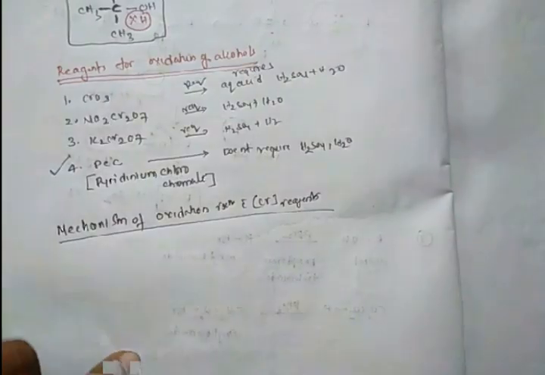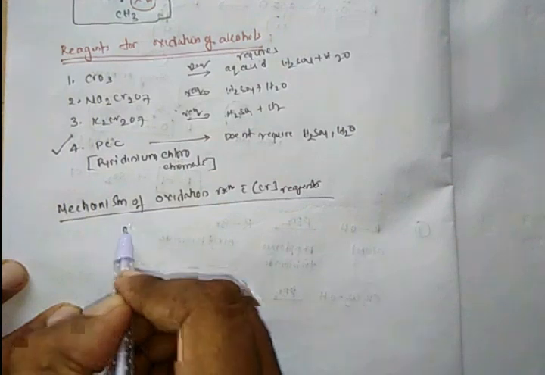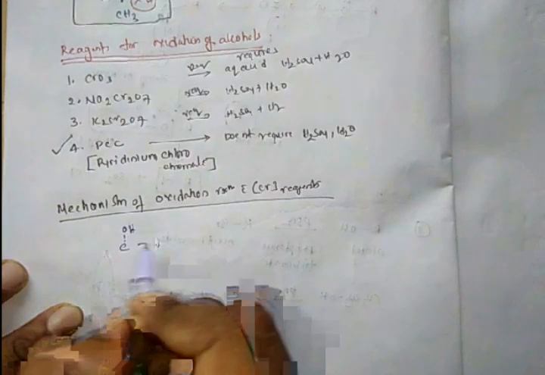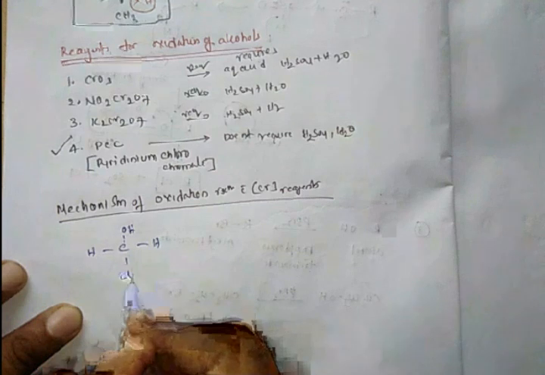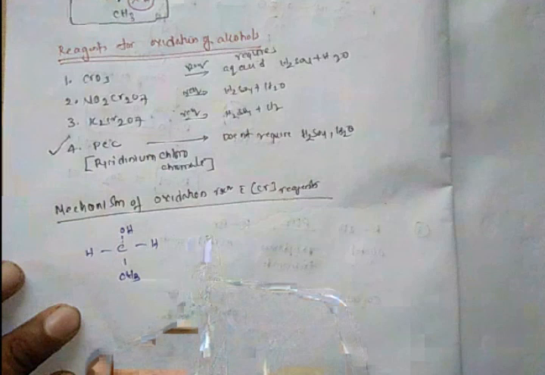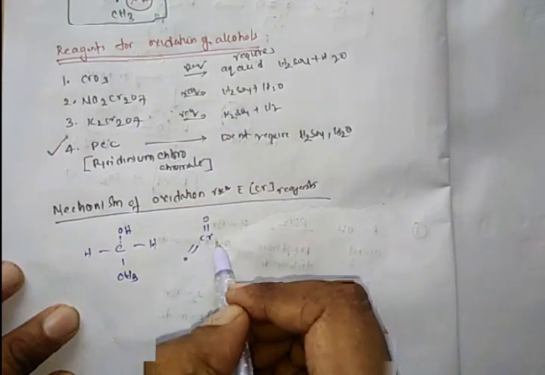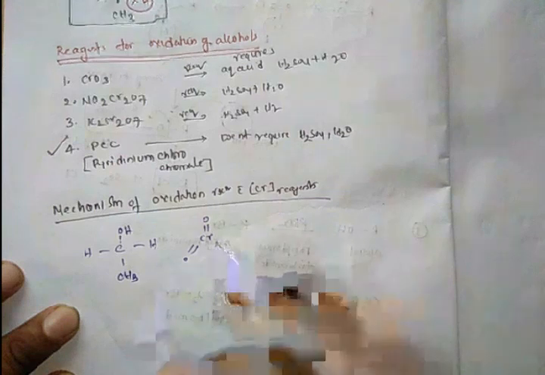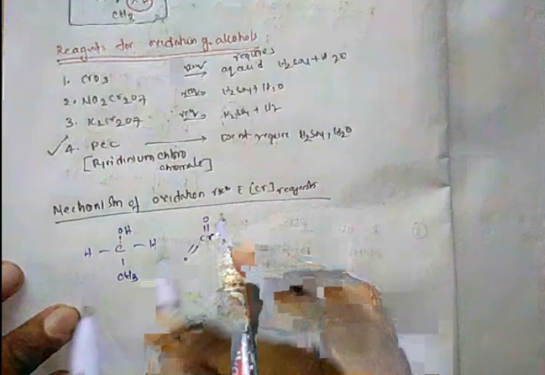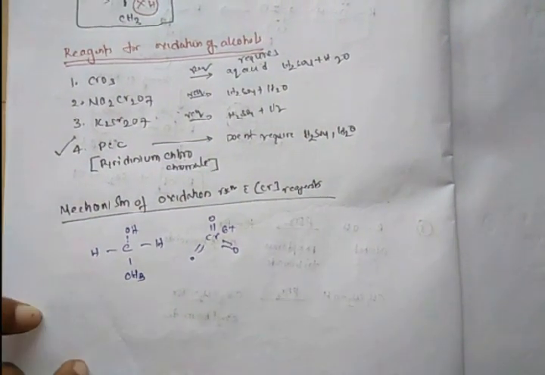So first write the structure of an alcohol, C, OH, hydrogen, CH3. For the reagent chromium trioxide, we will take Cr double bond O. The oxidation state of this chromium is 6 plus.